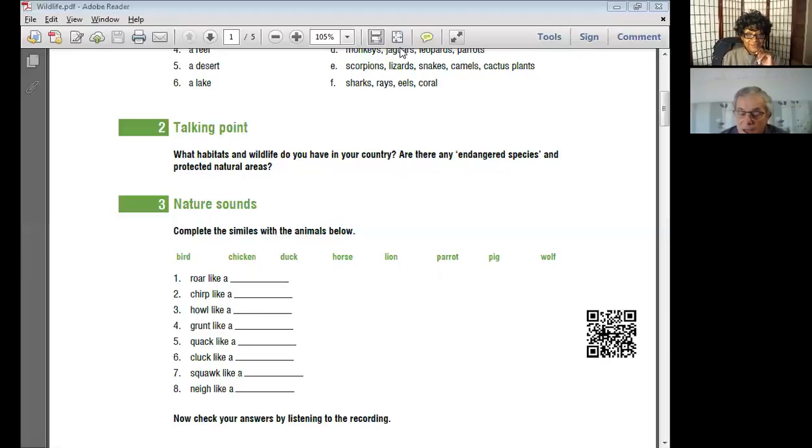Good. If I go to the savannah, I could hear a lion roars. In a temperate forest in my area, I could hear a wolf howls. If you go to a farm, you can listen to the pigs who grunt.